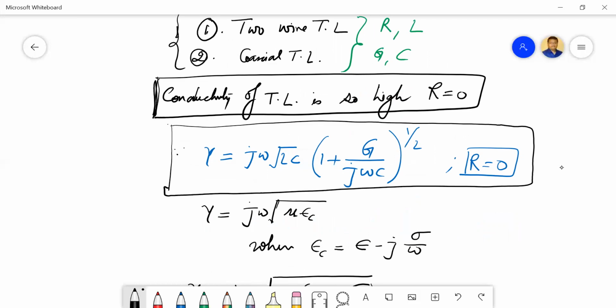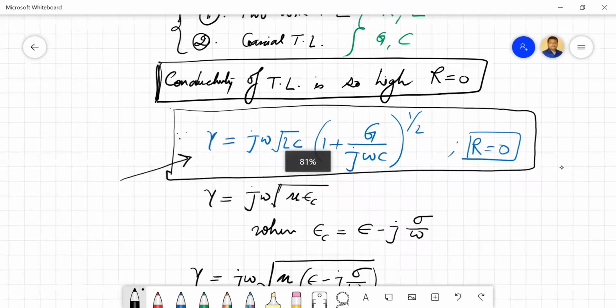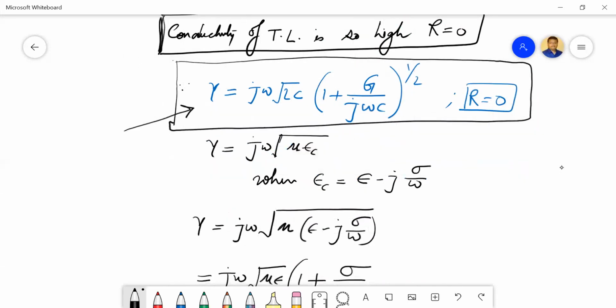As per the assumption that R is equal to 0, this definition can be modified and rearranged like this: gamma is equal to j omega under root LC, in brackets 1 plus G by j omega C, to the whole power half. Fine. This particular knowledge we already gained in the previous classes.